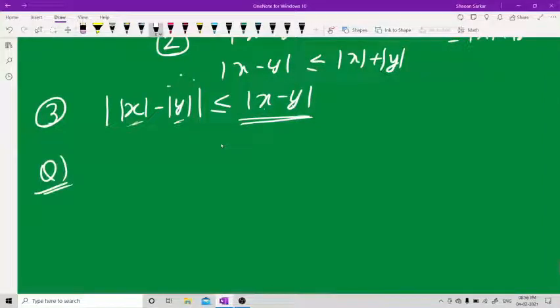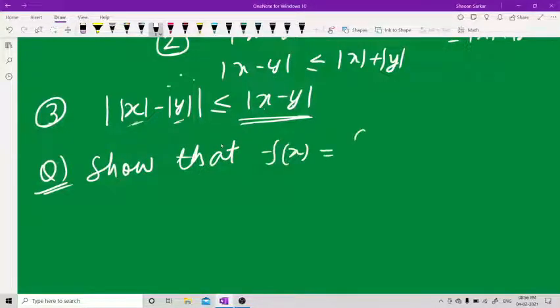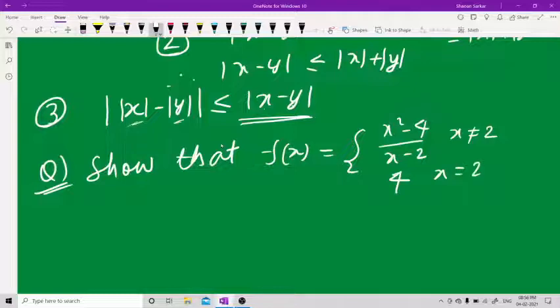Using the formal definition, show that f(x) equal to (x square minus 4) upon (x minus 2) for x not equal to 2, and 4 for x equal to 2, is continuous (CTS) at x equal to 2.